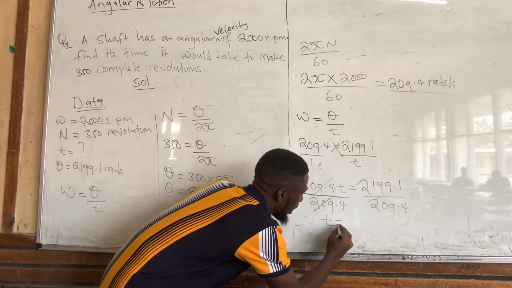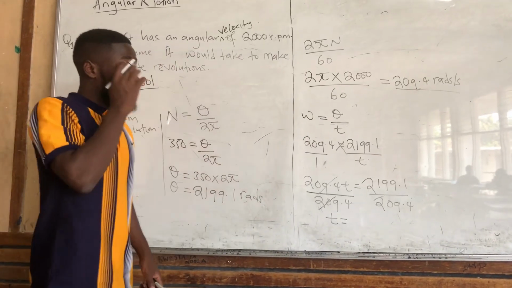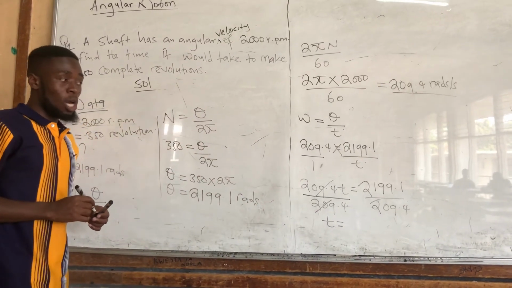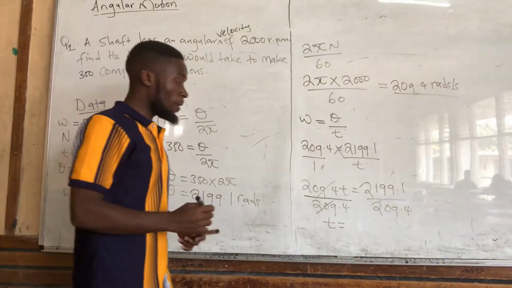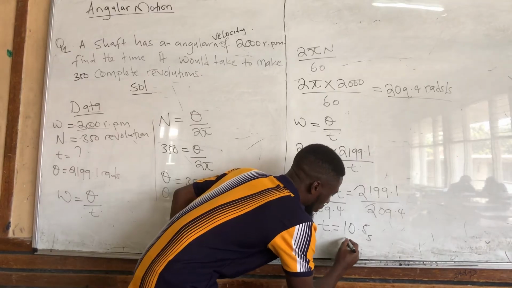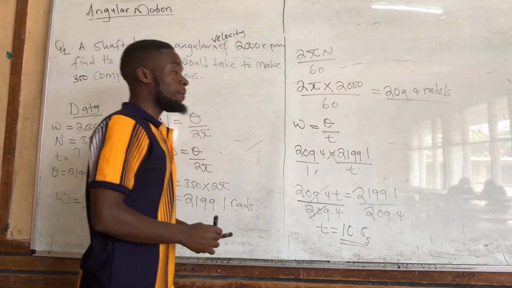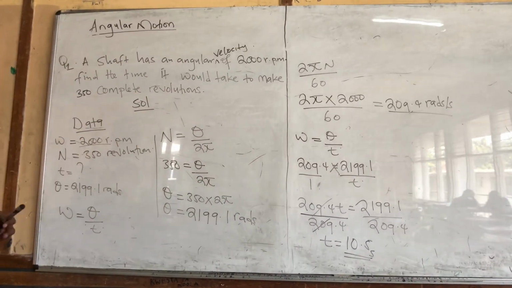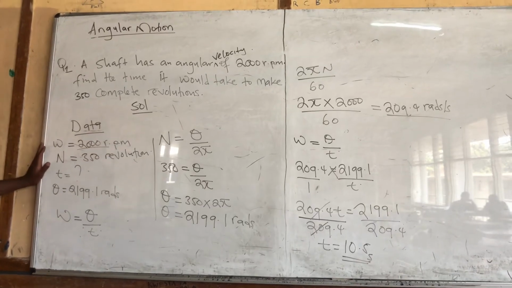Then t is equal to 2199.1 divided by 209.4, which is 10.5. So 10.5 seconds. So this was the time here. So here, directly, just use the formulas.